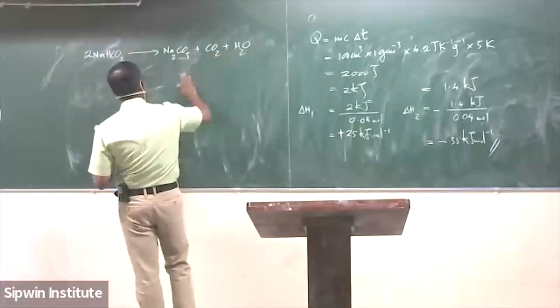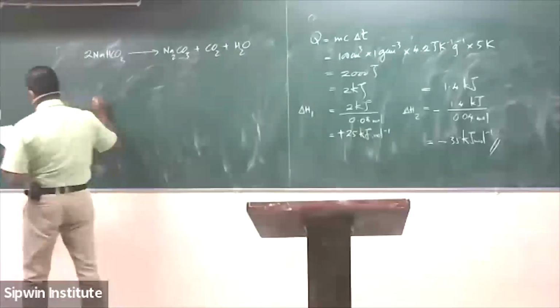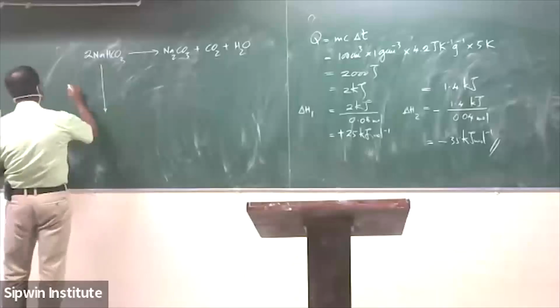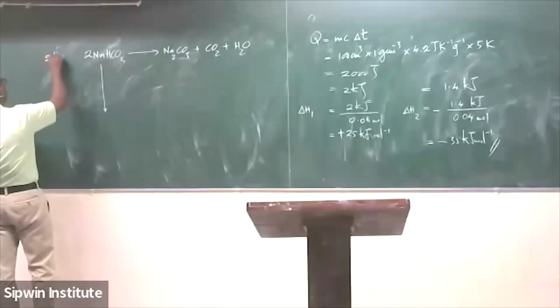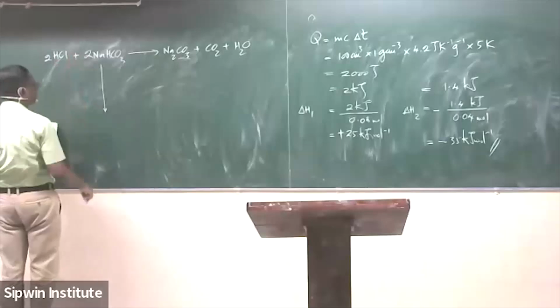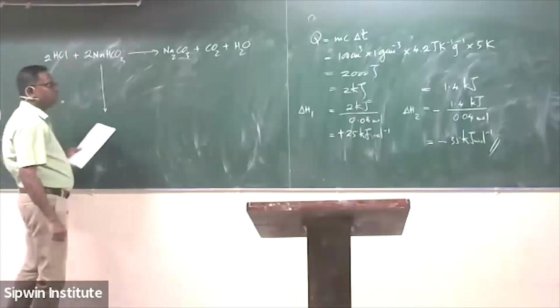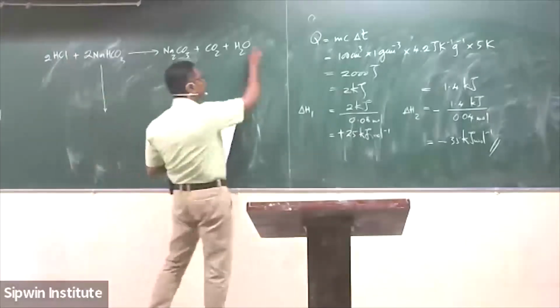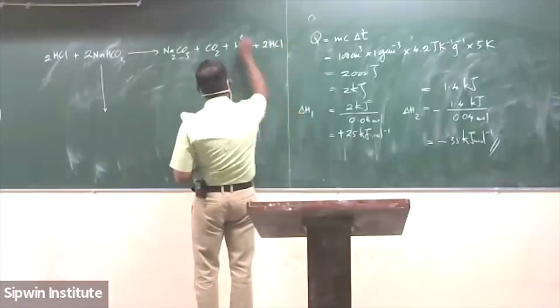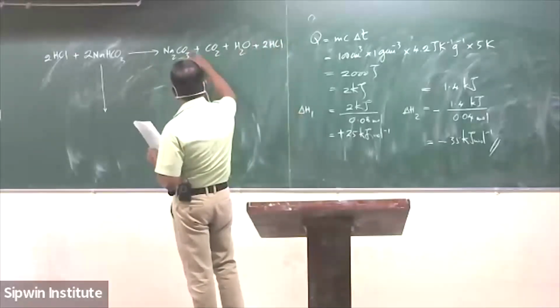Then sodium bicarbonate with HCl, we had that reaction earlier. Therefore, I will take 2 HCl here, and on this side also we can write 2 HCl. It should be balanced.